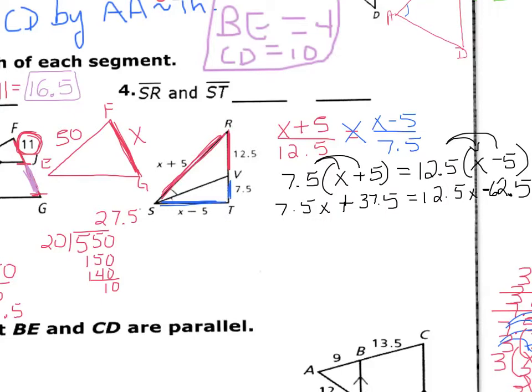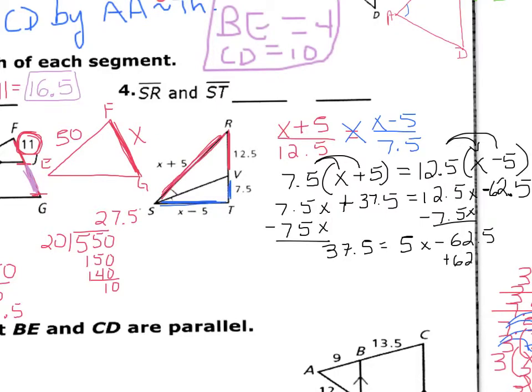Then you have to combine the smallest x, so you subtract 7.5x from both sides, and that would be 5x. So you're going to have 37.5 equals 5x minus 62.5.